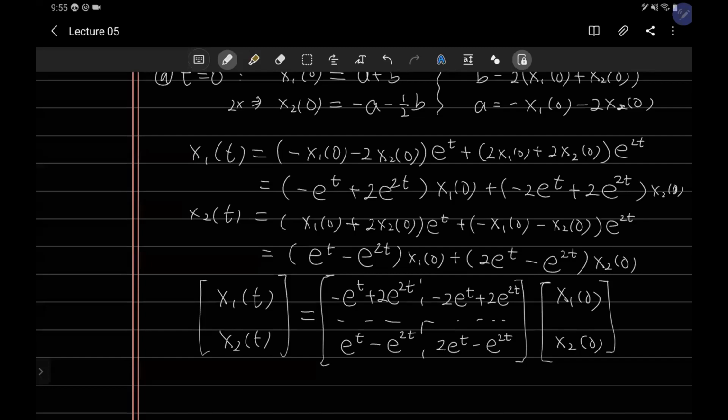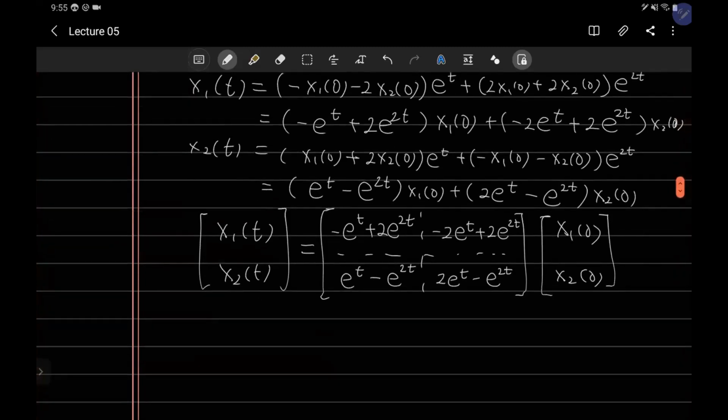Now we can see that this final result is the form of a vector as a function of time: some product of some operator or some matrix which has the time dependence like this one, and then this matrix will be applied on some vector which is fixed at time t equals 0.